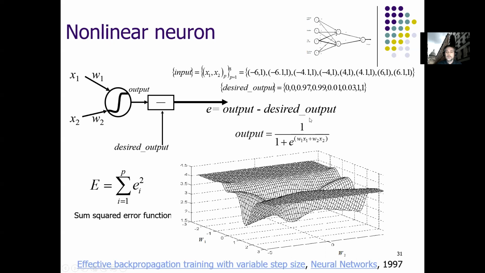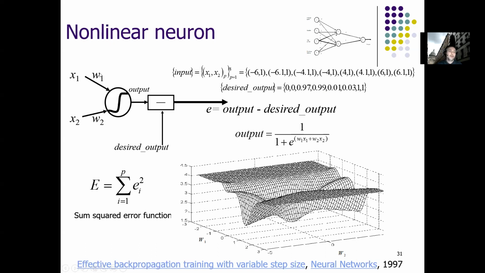What I've tried to do here, using the sigmoid activation function, is to produce a visualization of the error surface. These are all possible errors that can be produced for these inputs and these desired outputs in the intervals -3, +3 for W1 and -5, +5 for W2.